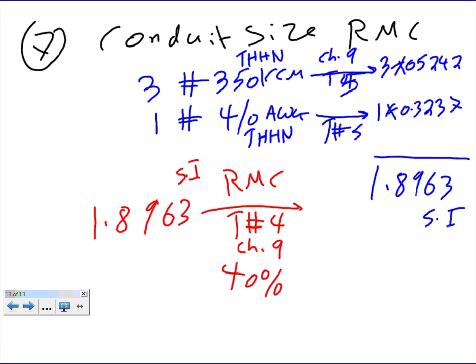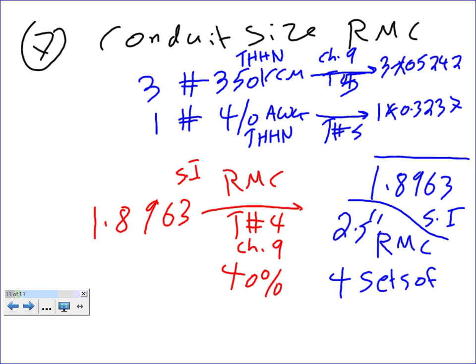So that will get you how many conduits? 2.5 inches rigid metal conduit. How many runs? 4 sets. There's your answer. I have 4 sets of 2.5 rigid metal conduit.